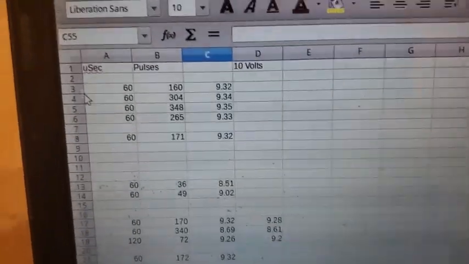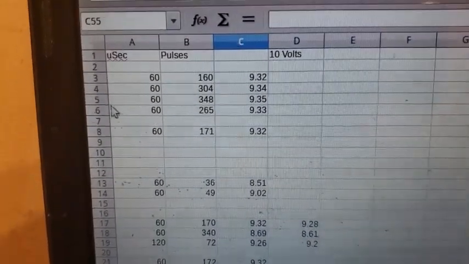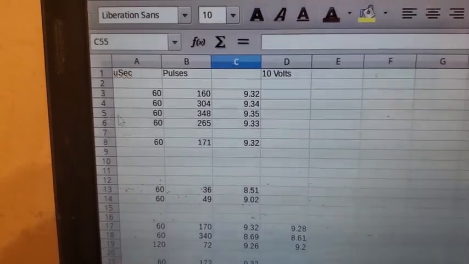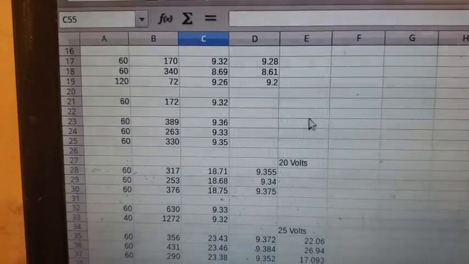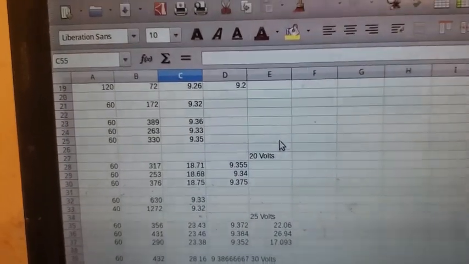And then before I show you the thing I thought was really interesting, I'm just keeping track of this with one coil in series and the different coil forms. I didn't do a good job labeling it there, but then 20 volts and 25 volts.